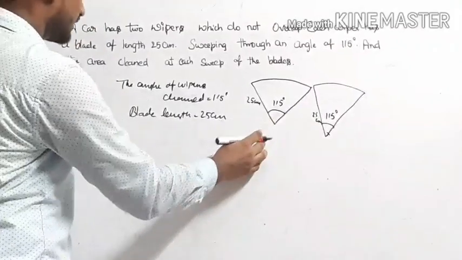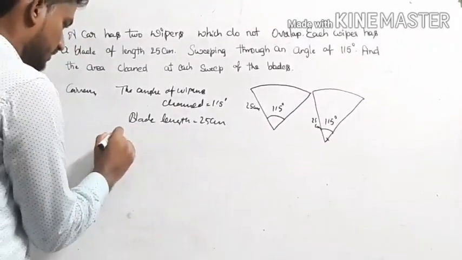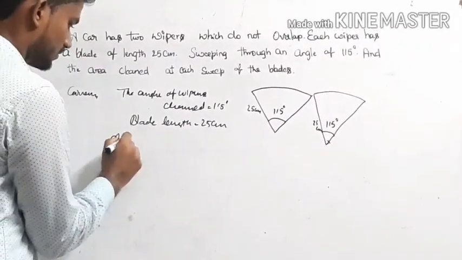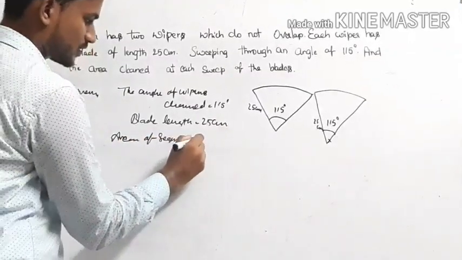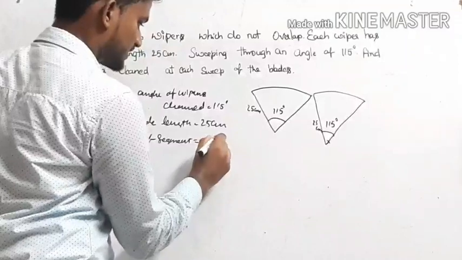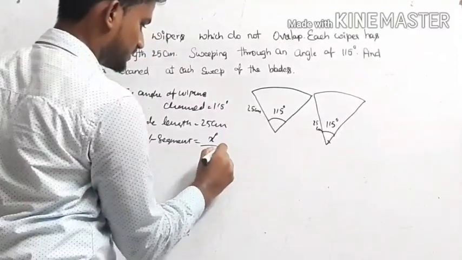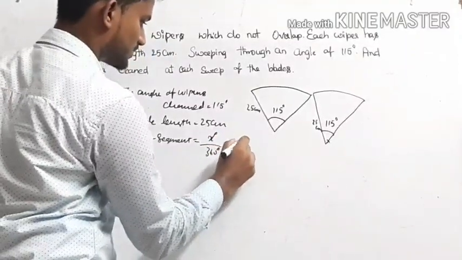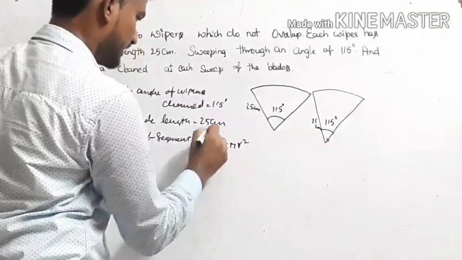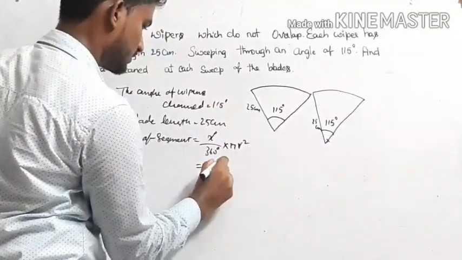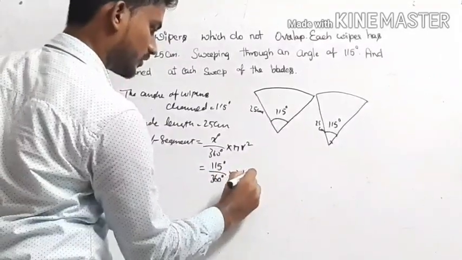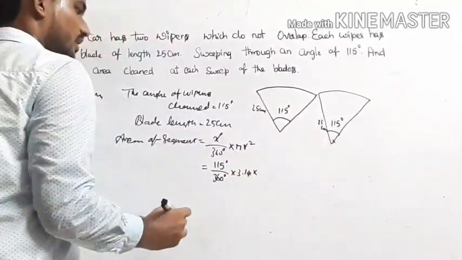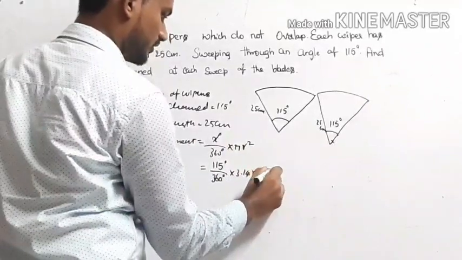It is a segment, and we have a formula for it. The area of a segment equals x degrees by 360 degrees into pi r square. This is 115 degrees by 360 degrees into 3.14 into r, which is 25 centimeters, 25 into 25.